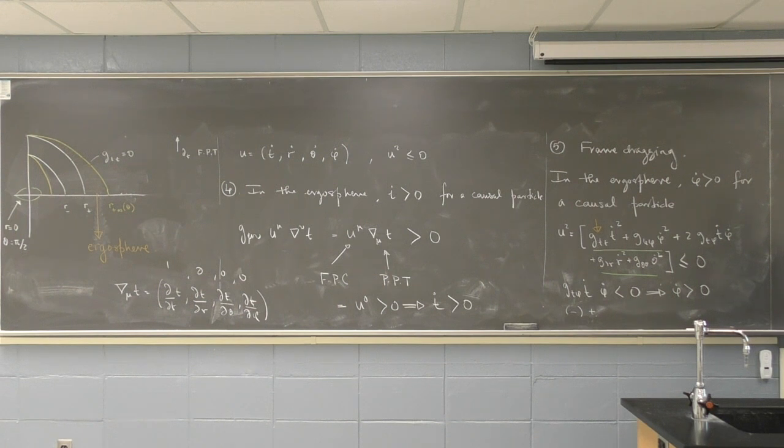It just means that the t coordinate must be increasing for a causal particle, even though t is not a time-like coordinate in the ergosphere. So there are other ways, and I'll show you why. A picture is worth 1,000 words, and I often tend to conclude with 1,000 words.